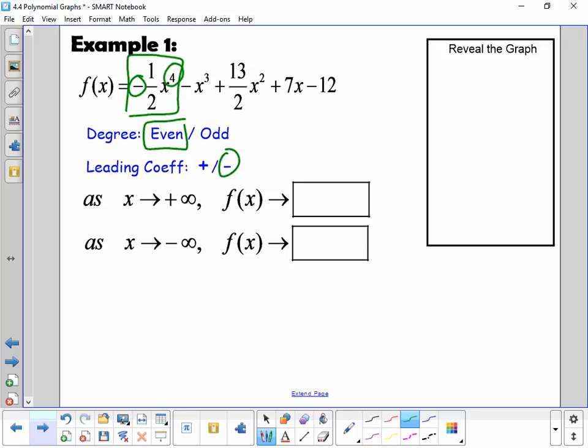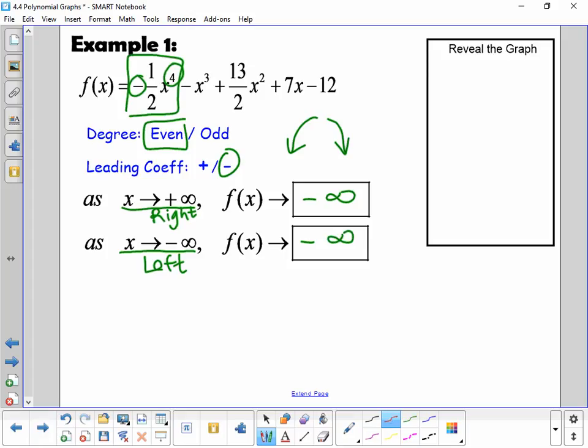So we have an even negative situation, and what that tells me, since it's even, is either both ends are up or both ends are down, and since the leading coefficient is negative, that means both are down. So as x goes to positive infinity, this is talking about the right hand side of the graph, our function is going down, and as x goes to negative infinity, this is talking about the left side, the function is going down.